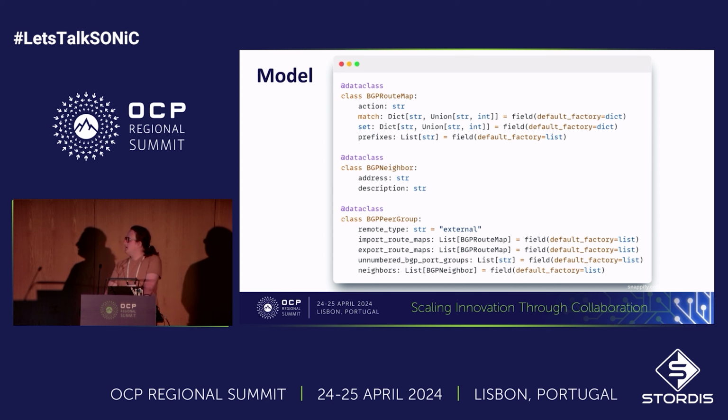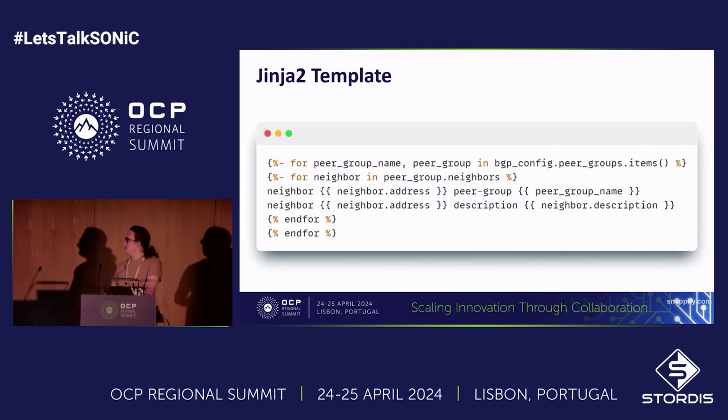With structures like structs or Java classes, we have something that will take JSON or YAML and parse it automatically to the given model that we wrote, as you'll see in the example, fill the missing values, parse the types, and do everything for us. And we just take it and put it into a Jinja template that will generate the config that we want. That's the example for BGP neighbors in FRR.